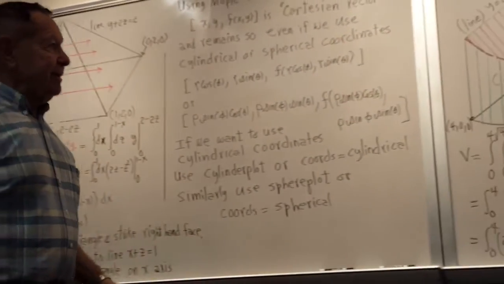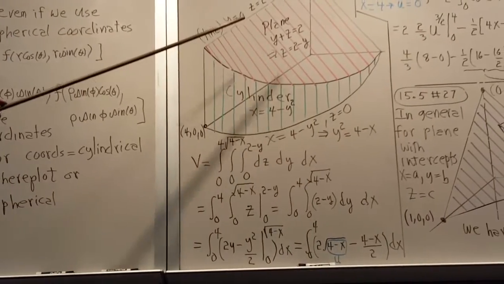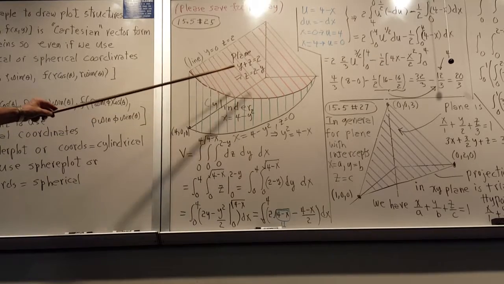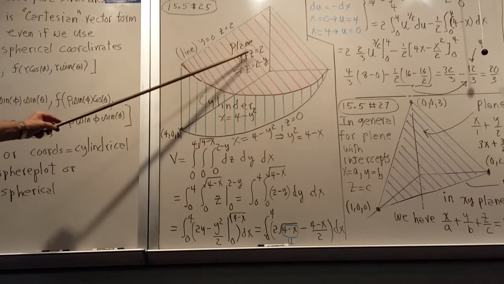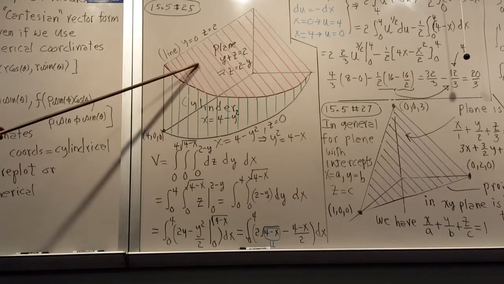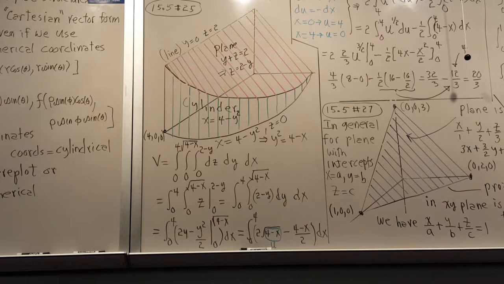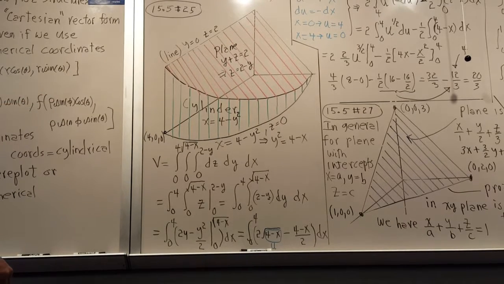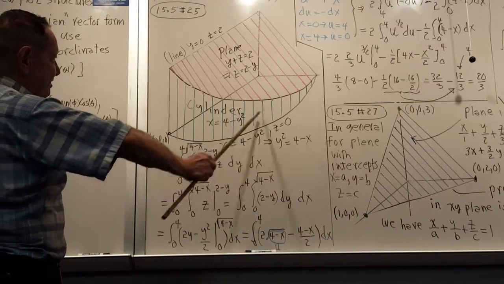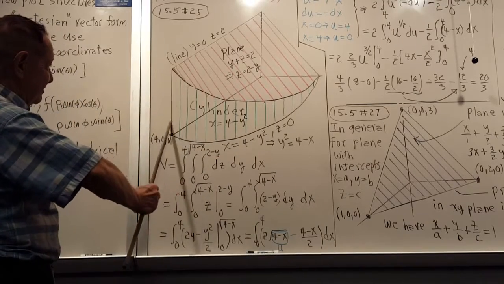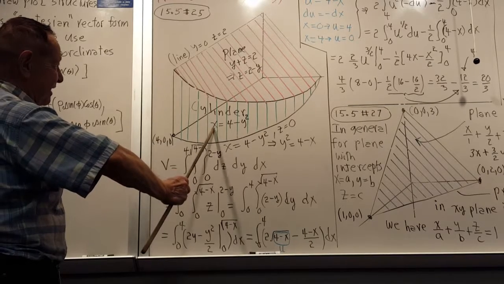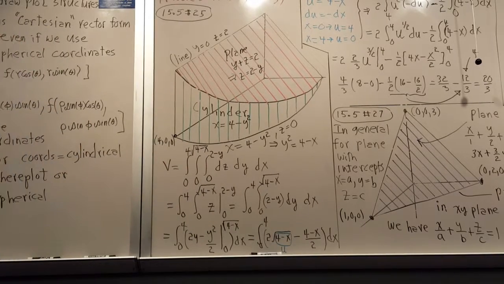Let's look at 25 and 27. If you look at 25, and again, there's a picture in your book, you have a plane that is like the roof, if you want. This looks a little bit like something with a metal roof on it, where you've put the sections of steel on the roof. So you have some building that's trying to be fancy, with the curved wall, which is this cylinder, x is 4 minus y squared.